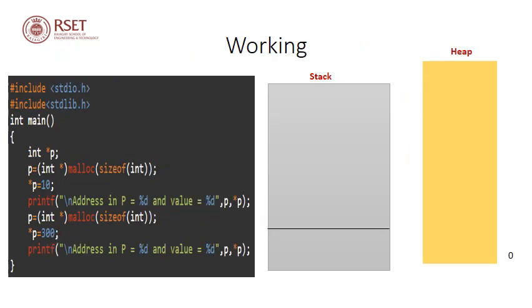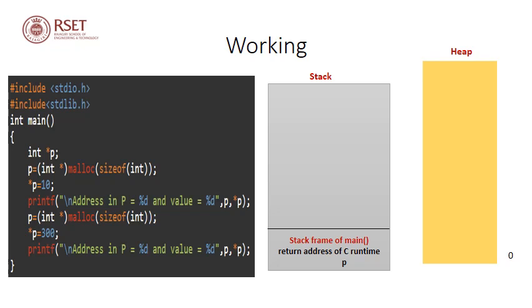Now we'll see the working of this program using stack and heap. So in this particular C program we don't have any static or global variables, therefore we need not talk about the static region of the code segment. So we'll first start with the stack section. When the main function of the program is called, its activation record will be pushed onto the stack.